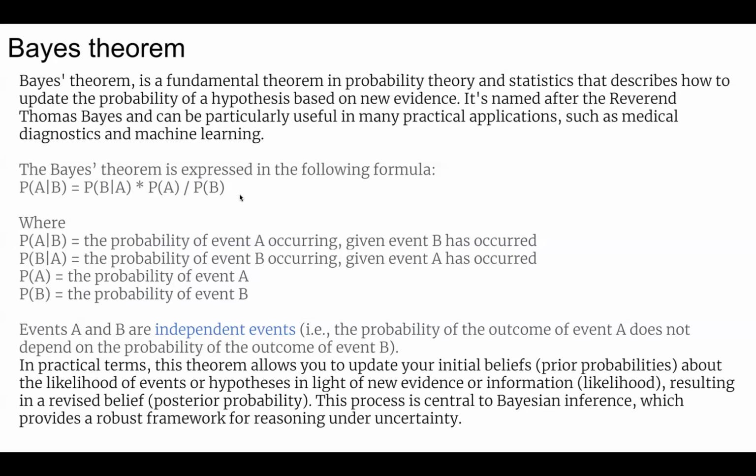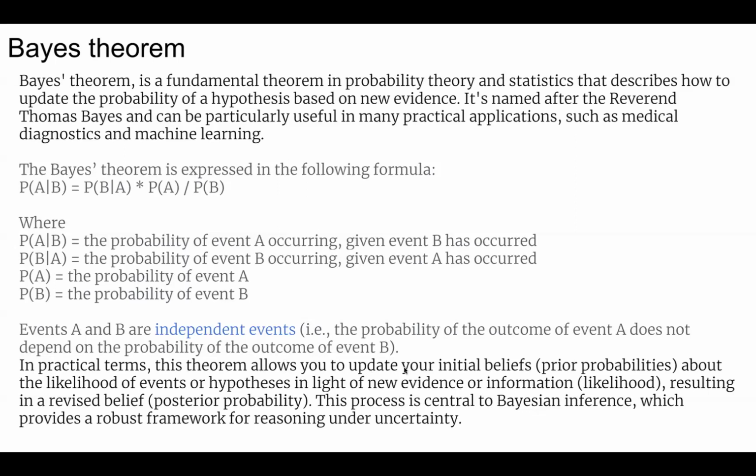The blood results are blood results, and the disease is disease. They are independent events. That means the probability outcome of event A does not depend on the probability outcome of event B.